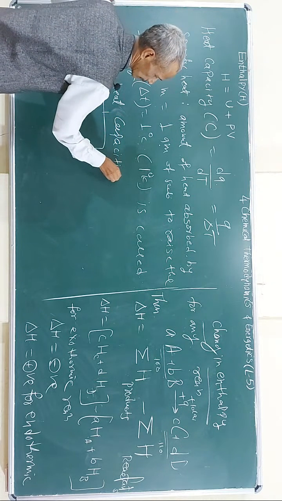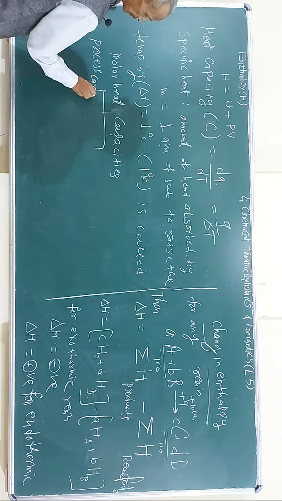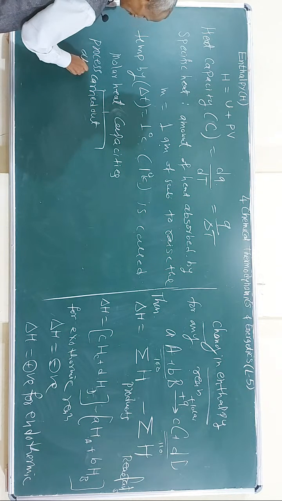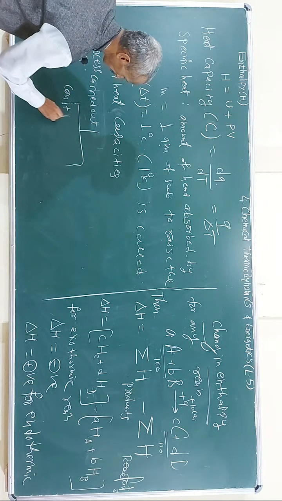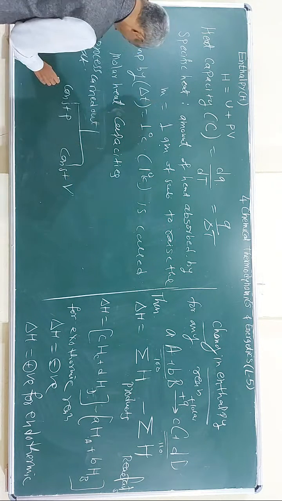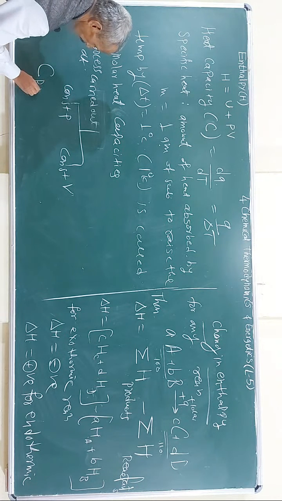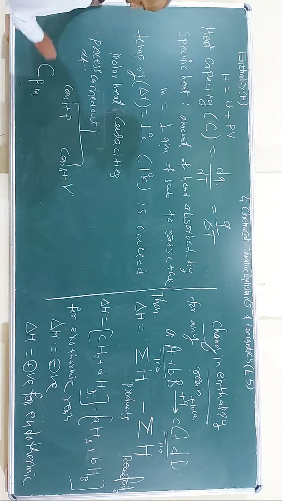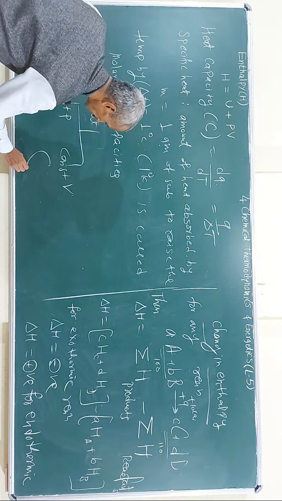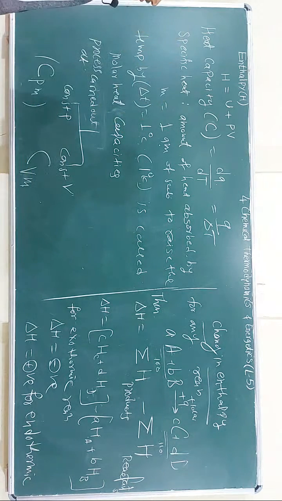If the process is carried out at constant pressure, this is called the molar heat capacity at constant pressure, Cp. Or the molar heat capacity at constant volume, if the process is carried out at constant volume, Cv. We are going to study how they are related.